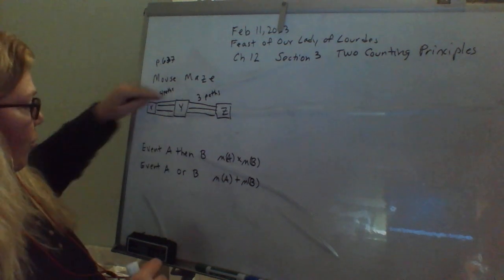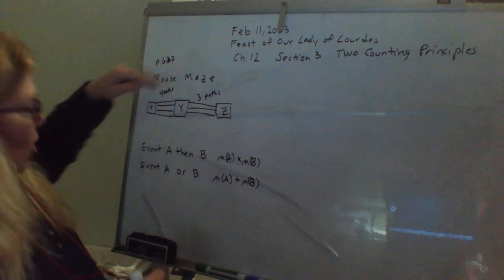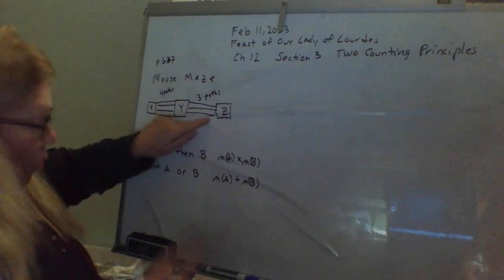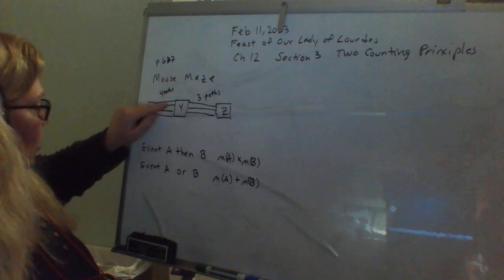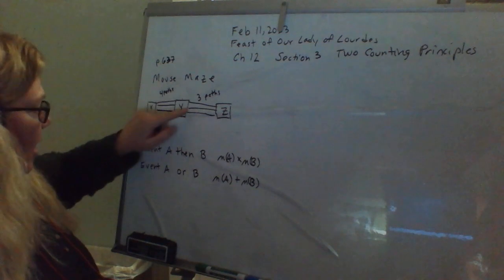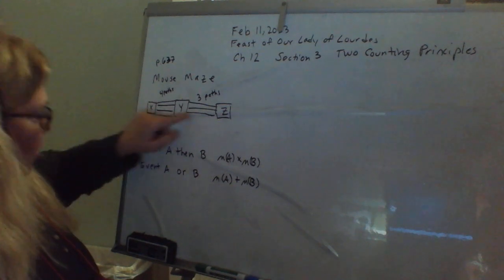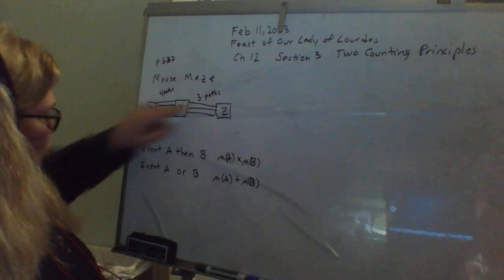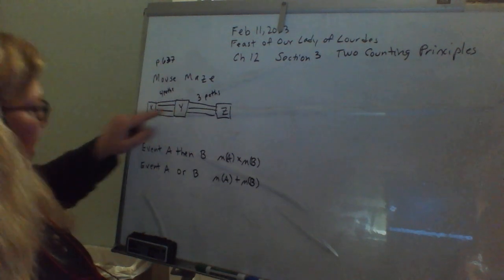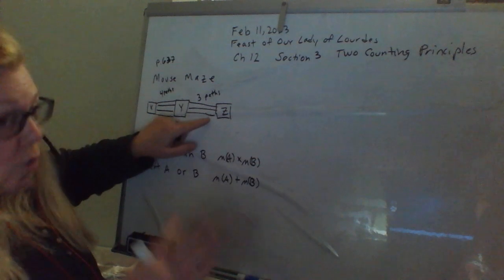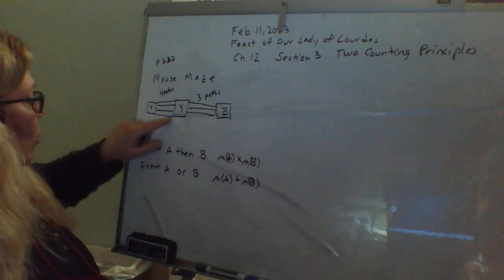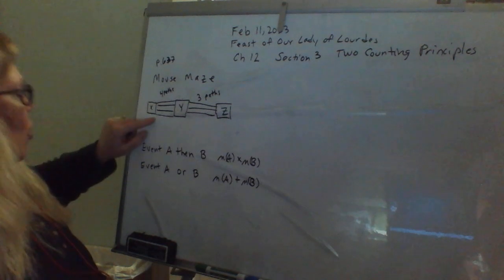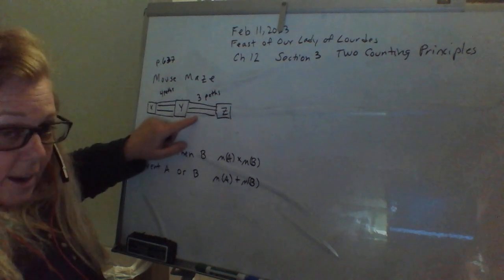Well, he could go the first way and then the first way, or the first way and then the second way, or the first way and the third way, or the second way and the first way, the second and the second, the second and the third, the third and the first, the third and the second, the third and the third, or the fourth way and then the first, the second, or the third way.